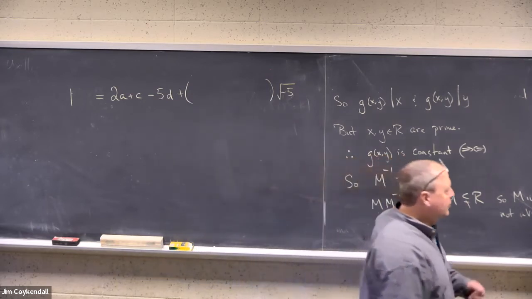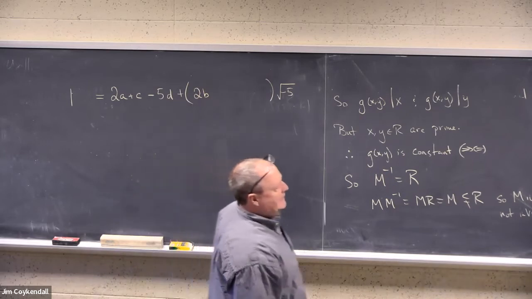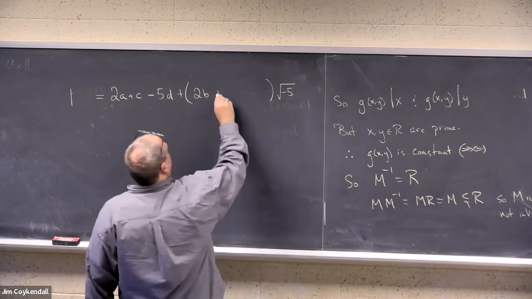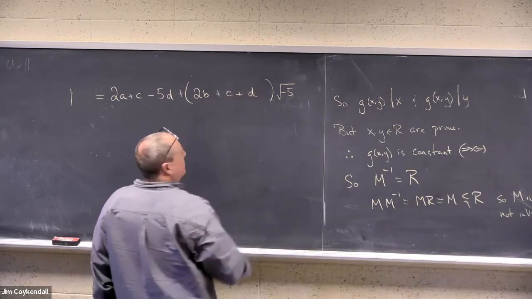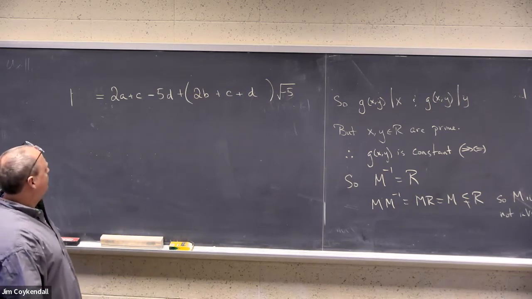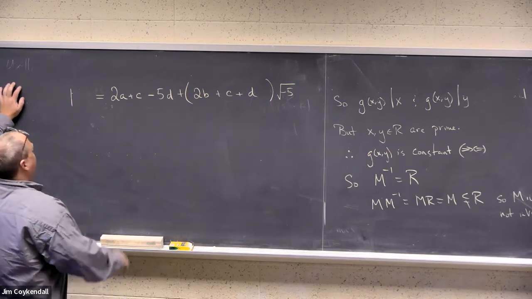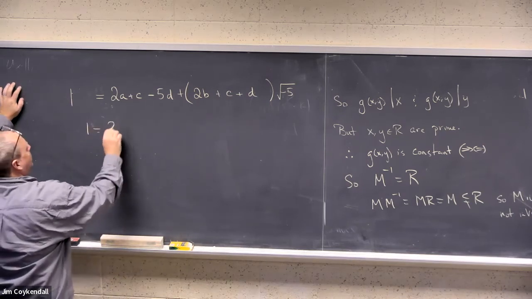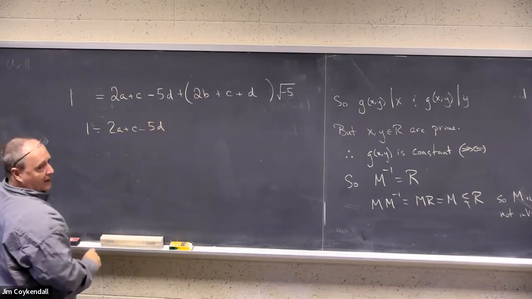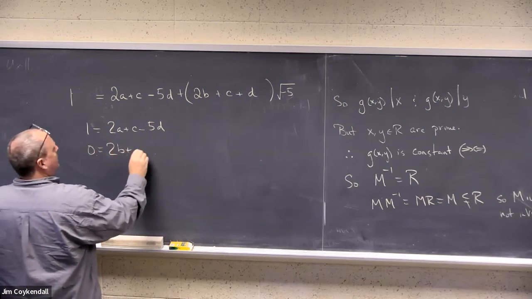That would be 2b, and then I guess c plus d. This looks awful, right? Because you get this alphabet soup up here, but check this out. This means 1 is 2a plus c minus 5b, and this means 0 is 2b plus c plus d.